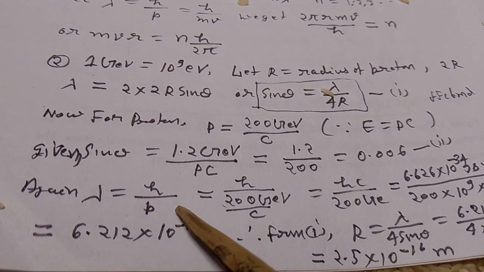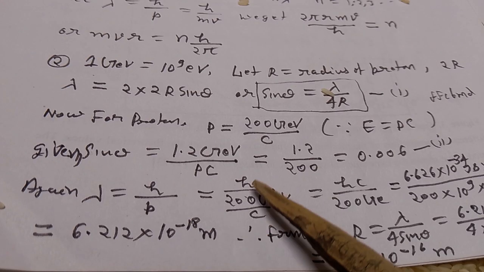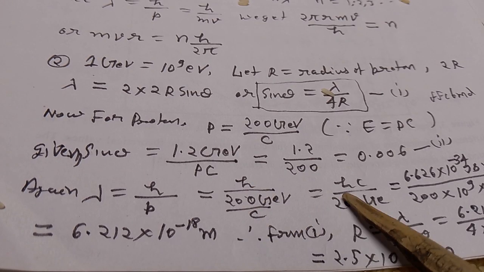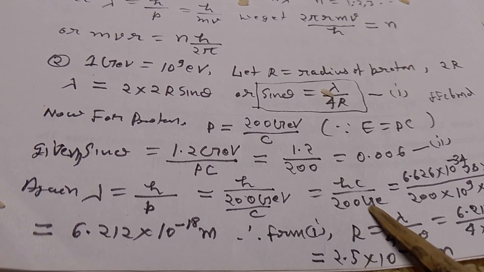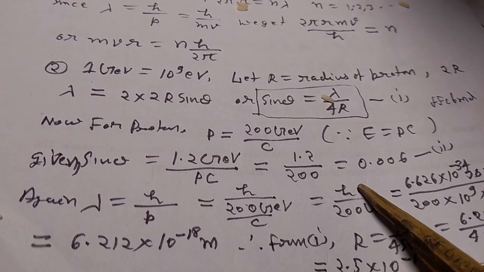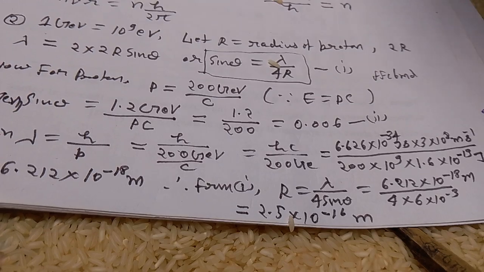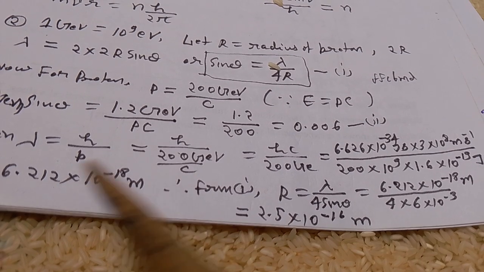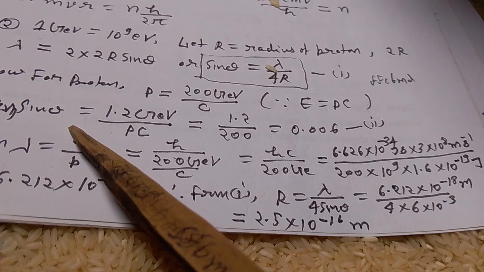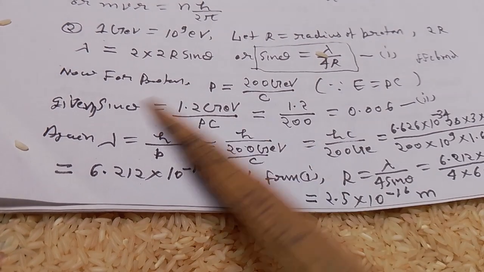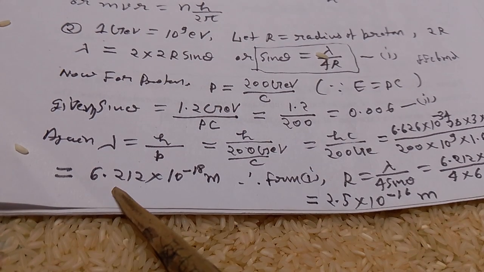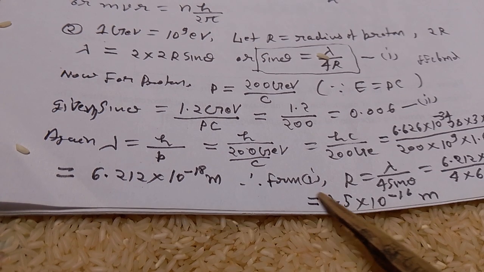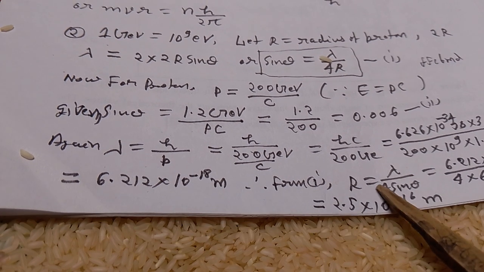Again, we know that lambda equals h by p, which equals h by 200 giga electron volt by c, or equals hc by 200 giga electron volt. Using all given values, the lambda value of proton comes out to be 6.212 into 10 to the power minus 18 meter. Hence, from equation 1, r equals lambda by 4 sin theta.